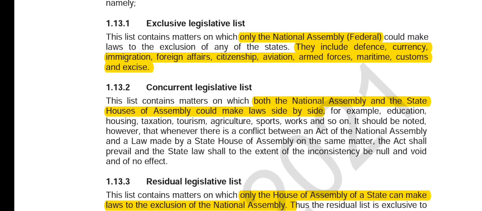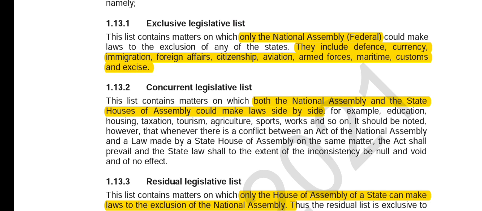For instance, we have the exclusive legislative list, which only contains matters which the National Assembly alone can preside over. These include defense, security, immigration, and the rest of its kind.